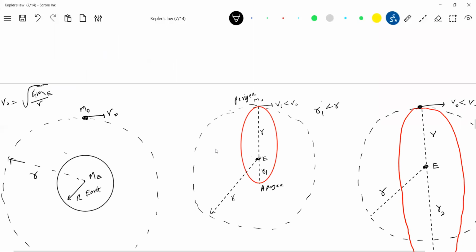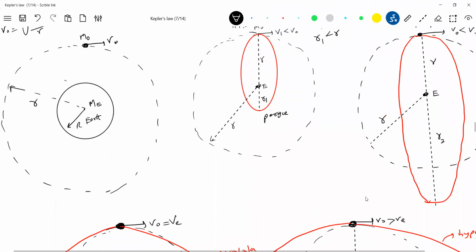Sorry, the other point is called apogee, and this is called perigee.